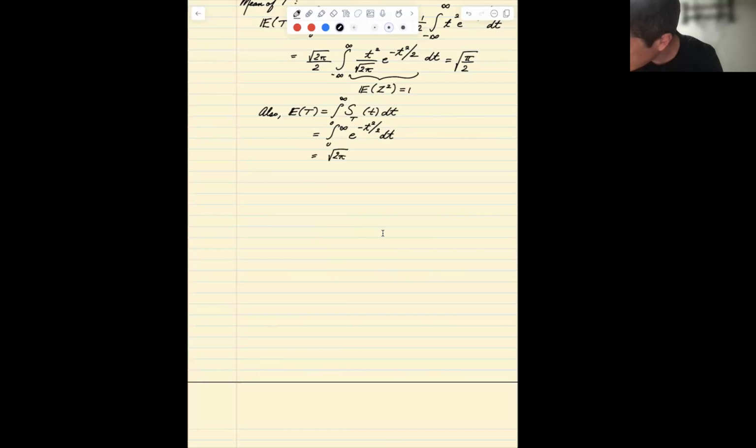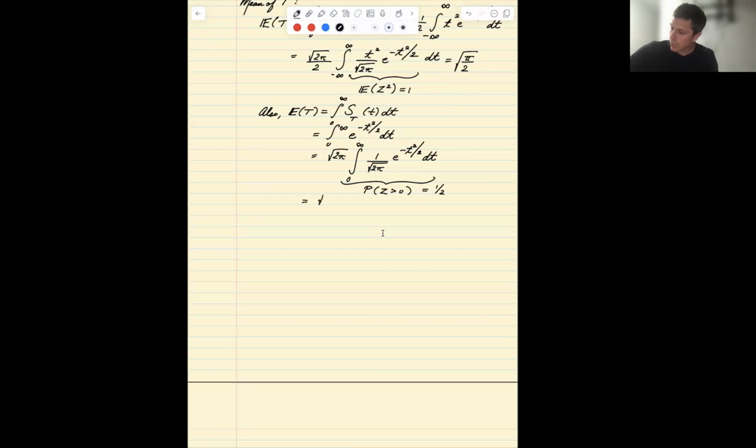Can do the same thing because the thing on the inside, again, looks just like the density of a normal 0, 1, except it didn't have its normalizing constant. If we put the normalizing constant in, then we have an integral from 0 to infinity of the normal 0, 1 density. This is the probability that a standard normal is bigger than 0, which is equal to 1/2. So this is square root of 2 pi over 2, which again is square root of pi over 2.